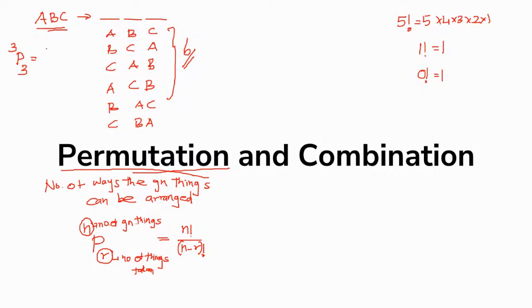It is 3 factorial divided by (3 minus 3) factorial, which is 3 factorial divided by 0 factorial. 3 factorial is 3 into 2 into 1, which is 6, divided by 0 factorial, which is 1. So the final answer is 6.